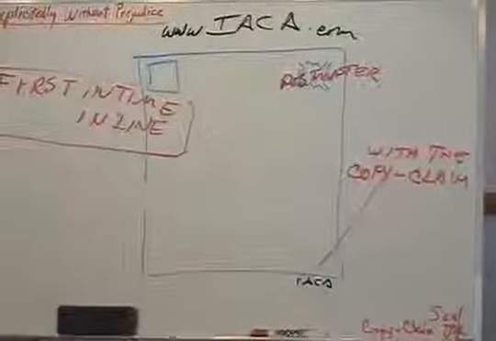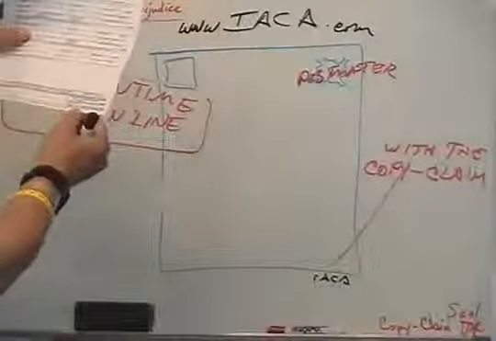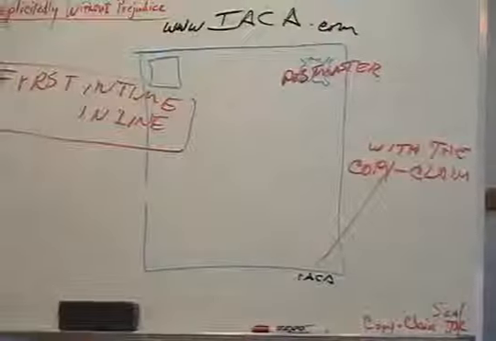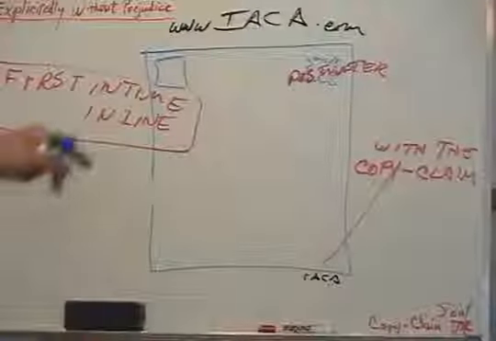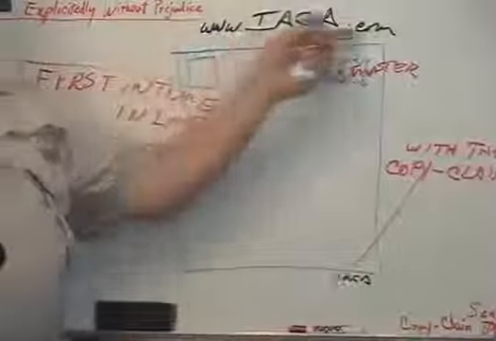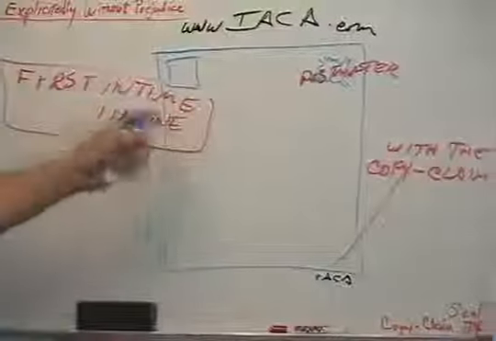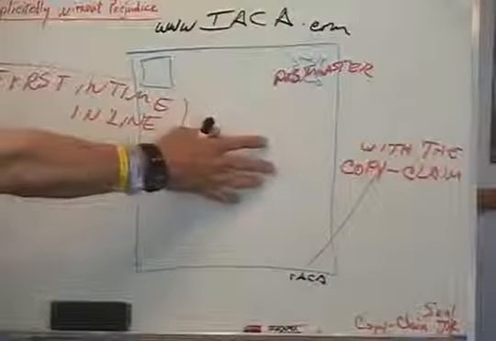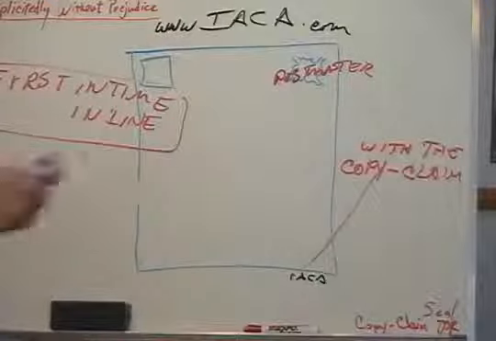If you punch this up on your computer, this one says Office of Secretary of State. This is an old form. It'll say IACA down the bottom of it. So if you punch that up, you'll learn all there is to know about the IACA and what the UCC is all about. It says that this document is on record somewhere.